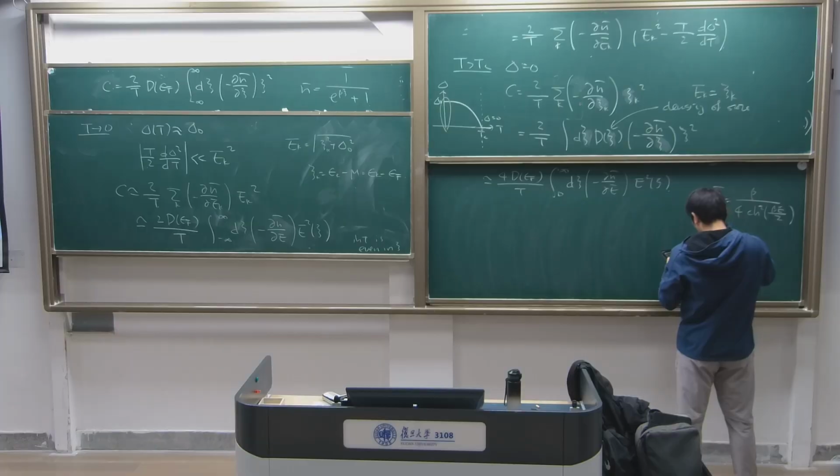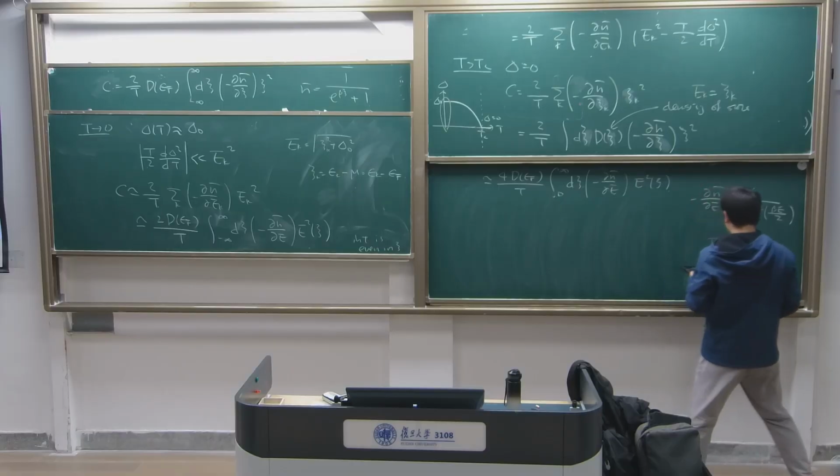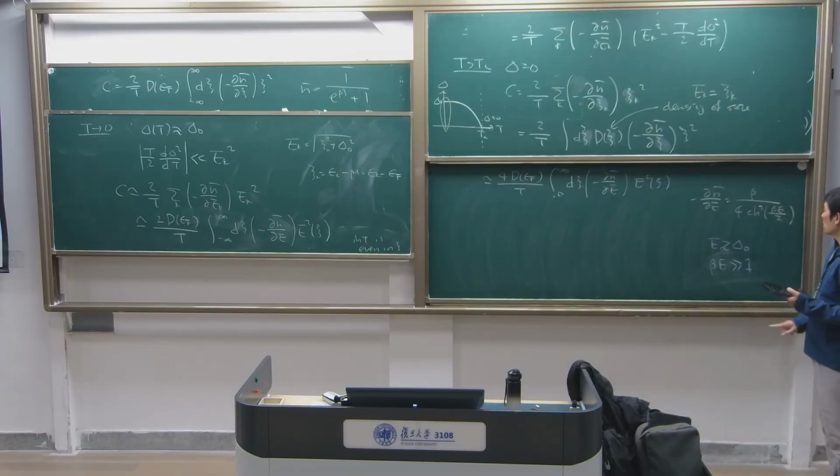So E is roughly speaking delta naught, and also beta E is much greater than 1 because the temperature is very small. Okay?